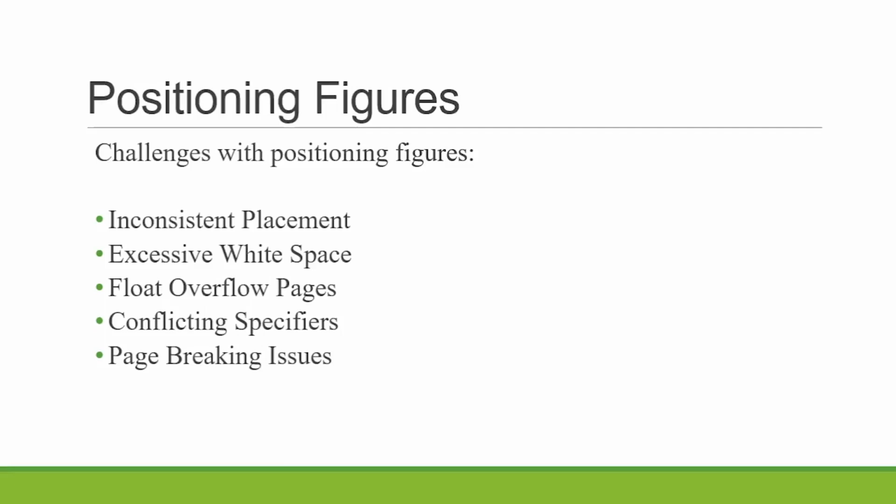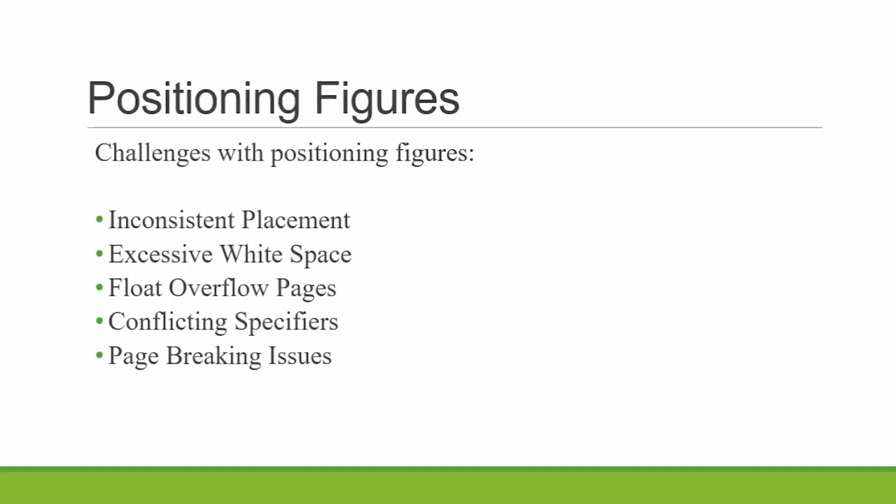Next, float overflow pages. If numerous floats are defined without enough room, LaTeX may allocate entire pages for figures and tables, sometimes making the layout less reader friendly. Conflicting specifiers.